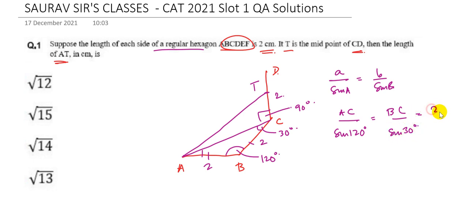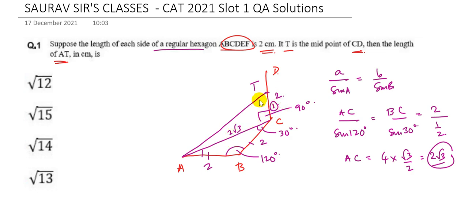Now BC is 2, so this is 2 by half, and sin 120 is sin 60, so AC is equal to 4 into sin 60, which is root 3 by 2, that's 2 root 3. So AC is 2 root 3, TC is 1.